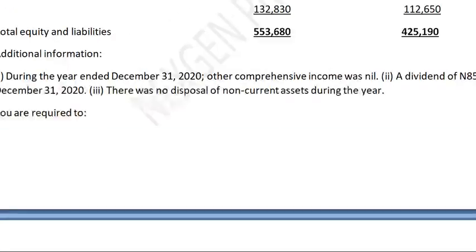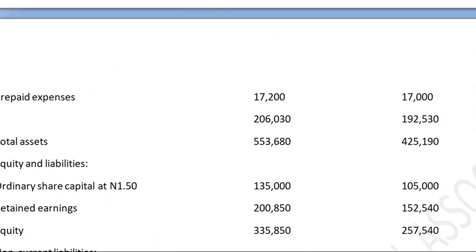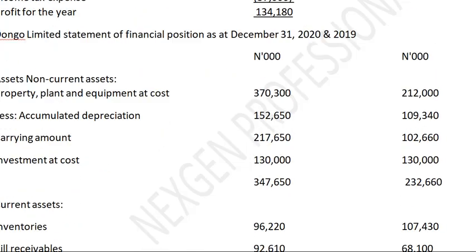Now let's go to this question under that PPE and see it for ourselves so that it can be clearer. We have PPE. Opening balance is 212. You know that of 2019 is 212. Then the closing balance for 2019 will be the opening balance for 2020. 212 is what we started with, but we are now closing with 370,300. So it implies that we actually bought or added additional PPE during the course of the year.